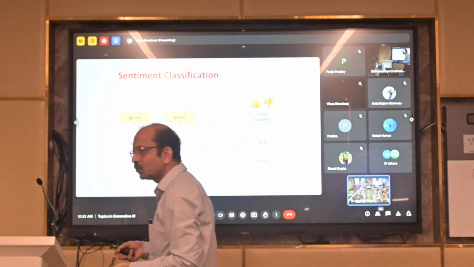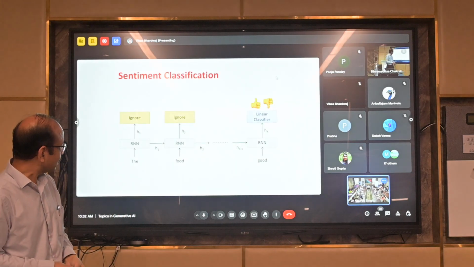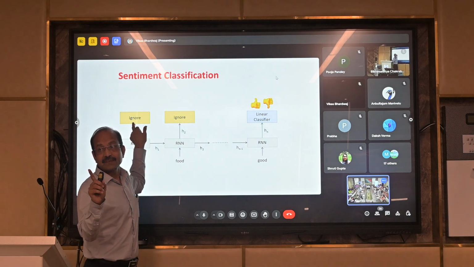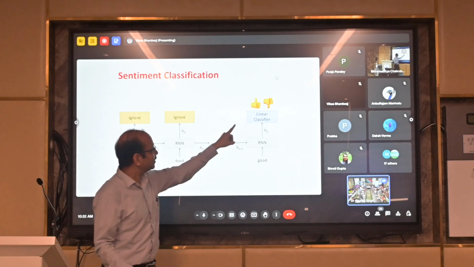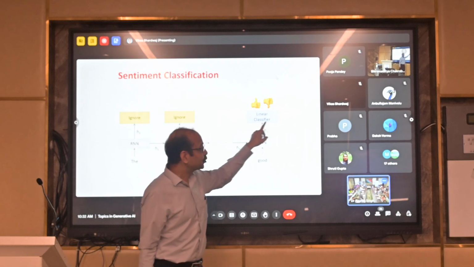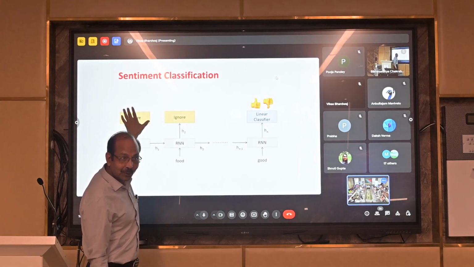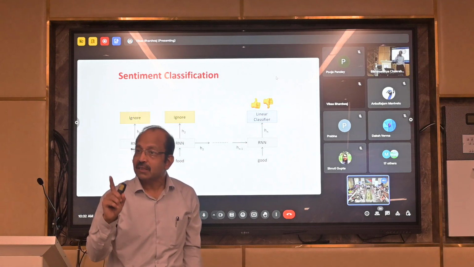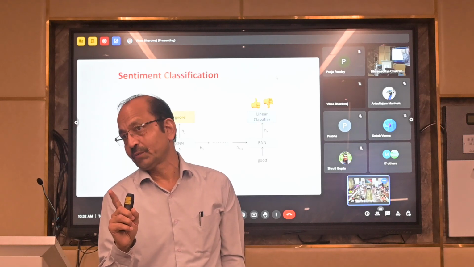Okay, the quality of the food is good or bad. So here I am not interested in the output here. I am interested only in giving this output. So at present this output is ignored for this problem. The output here is also ignored. I am interested to compute only one output.